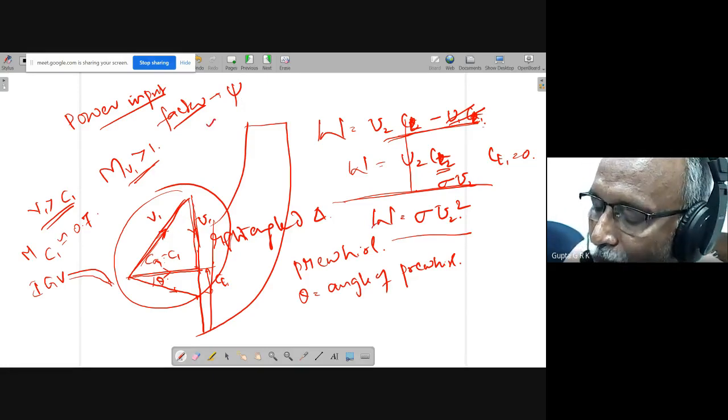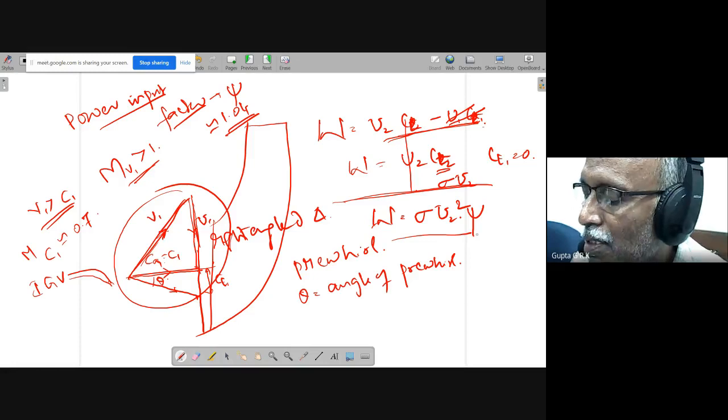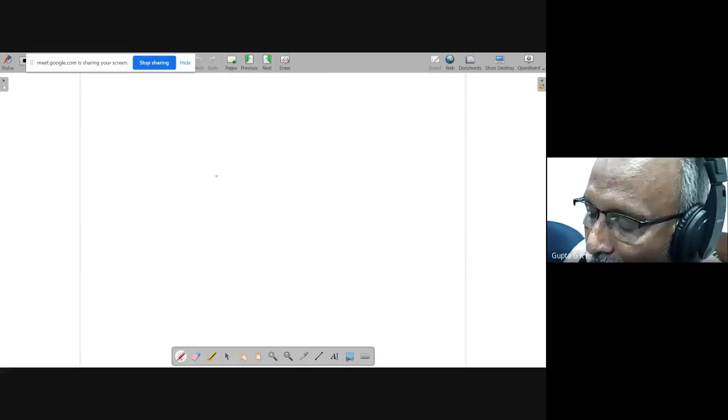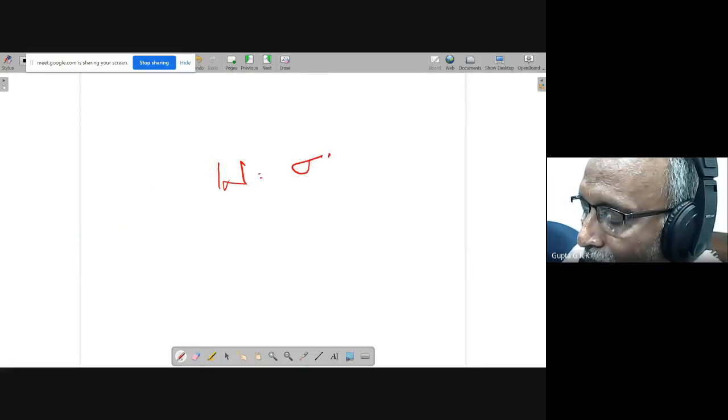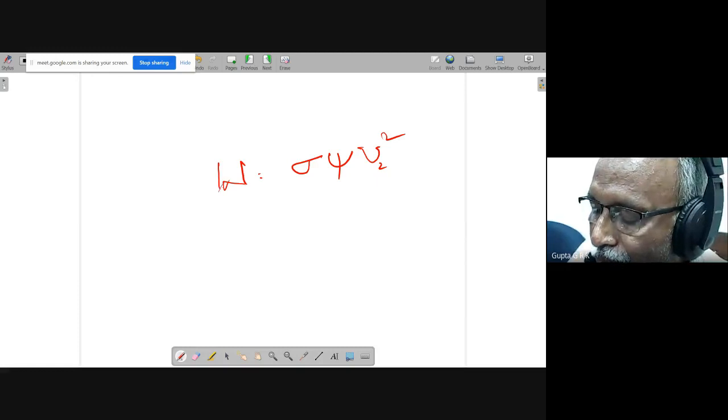So this psi is approximately 1.04, some 4% extra work I have to give. So I have to multiply this by this. So W is equal to sigma psi U2 square. So this is W, the work needed by the compressor.